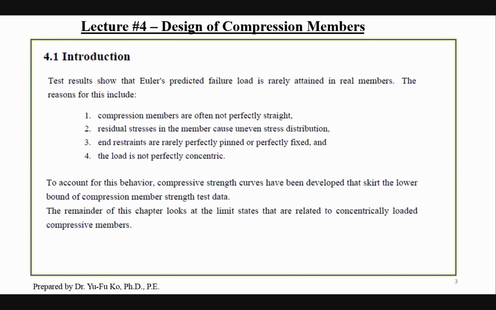The reason is because the compression members usually are not perfectly straight in reality, and there are residual stresses in members, which we talked about in chapter 1, that will create uneven stress distribution, and the end restraints are not really perfectly pinned or perfectly fixed. So the supports at the two ends of the column usually are not perfectly pinned or fixed in reality.